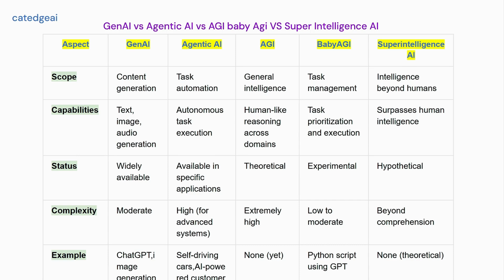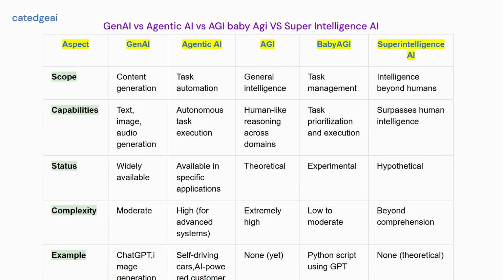So we are in the age of agentic AI currently, but the ultimate goal is AGI. And then we have baby AGI also. If you search on Google you'll see some baby AGI, and some GitHub repositories are available. In this session we're going to explore baby AGI, and I'm going to explain step by step.